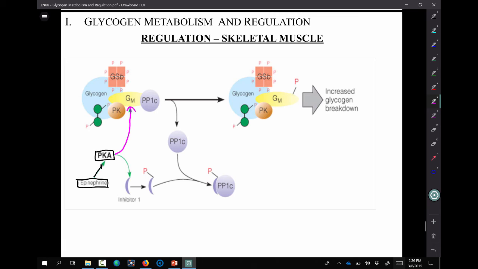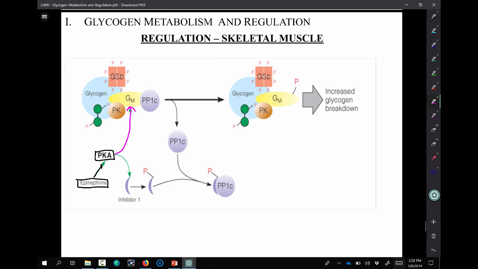In the liver there was GL, the glycogen targeting protein, and it had all these things bound to it in the glycogen granule so that regulation could occur all in one place. GM is the muscle version of that. Different protein, very similar name.